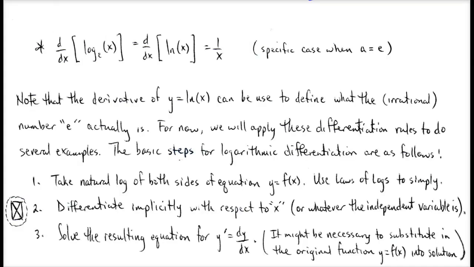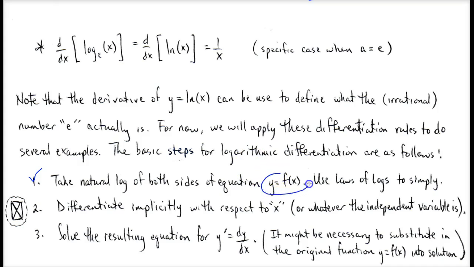As we mentioned in part one of this video series, whenever we wanted to take the derivative of an equation, and that equation may not necessarily be a function, one of the things we can do is follow this step process for logarithmic differentiation. The first step is just to take the natural log of both sides of that equation.